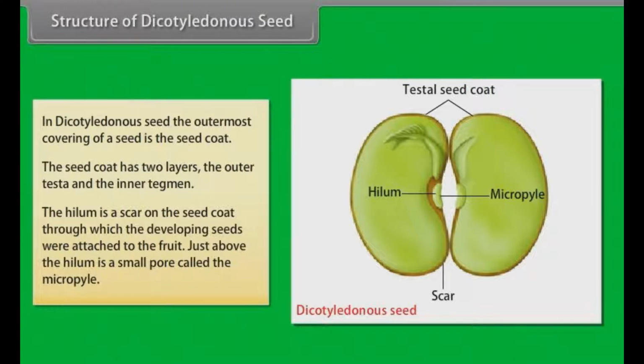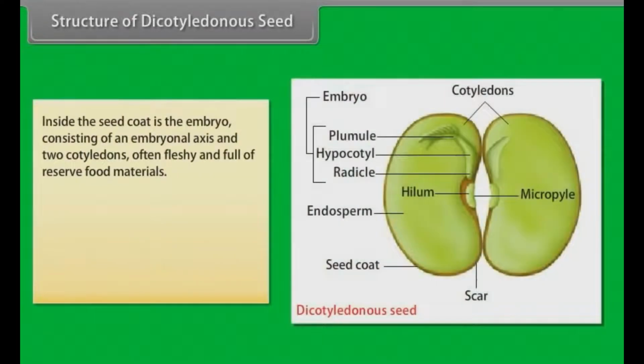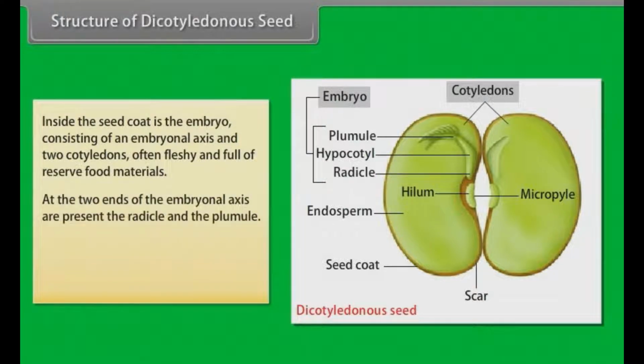Just above the hilum is a small pore called micropyle. Inside the seed coat is the embryo, consisting of an embryonal axis and two cotyledons, often fleshy and full of reserve food materials. At the two ends of the embryonal axis are present the radicle and the plumule.